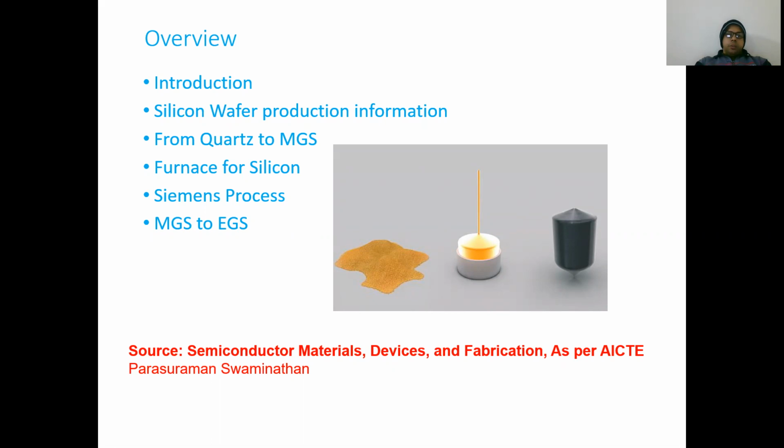Then some information related to how the furnace for obtaining silicon is being used. Then, once you have this MGS, metallurgical grade silicon, it needs to be purified using the Siemens process, and then your journey from metallurgical grade silicon to electronic grade silicon.